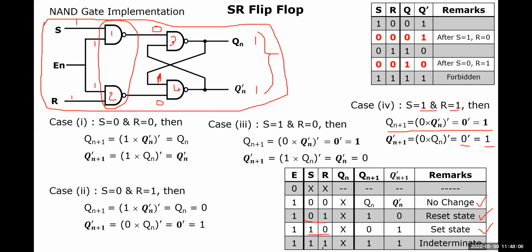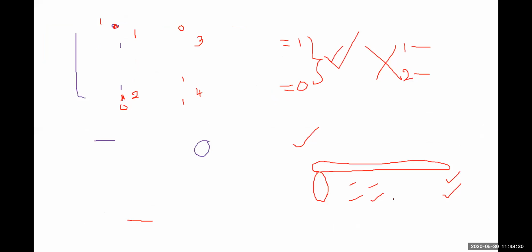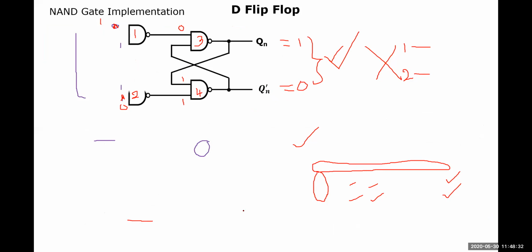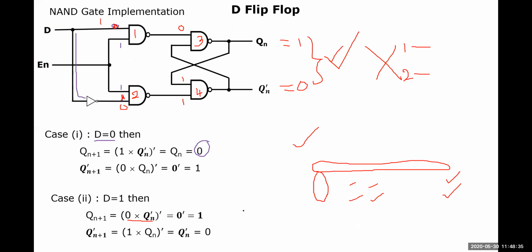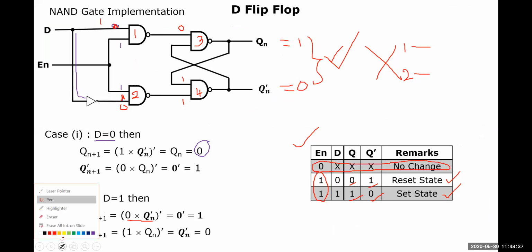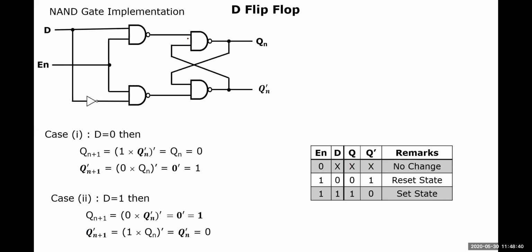But unfortunately, with 11, obviously you get an indeterminate state, otherwise a forbidden state. If the forbidden state occurs, your entire logic will go wrong or fail. So this is the problem with SR. If you want to eliminate this indeterminate state, you try this: a single input is sent to the entire logic.